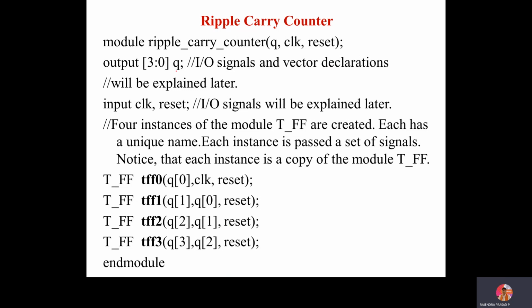So Q we have defined as an output. Here Q of 0, Q of 1, Q of 2 you are using as inputs. So that output value we need to use as an input as well. What those things are, we will be knowing at a later part.